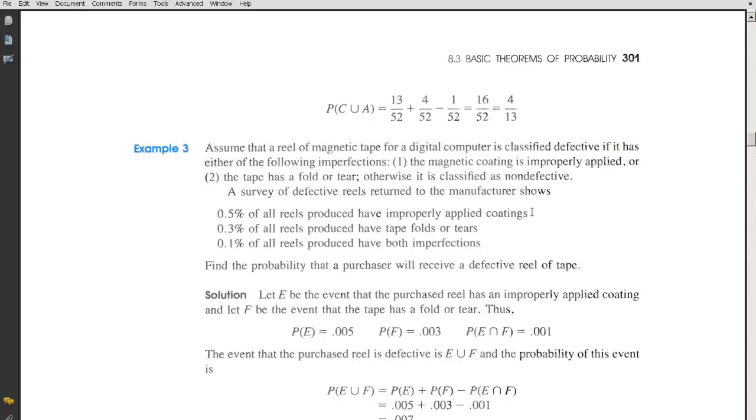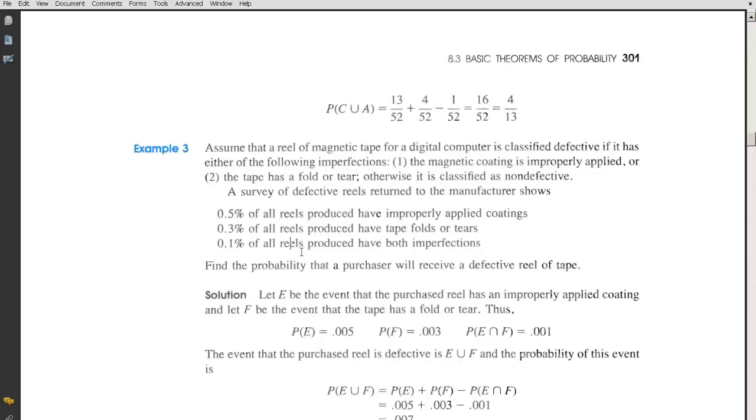So there's a 0.5% chance of one type of defective product, and 0.3% of all the reels have tape folds or tears, so that's a second type, and 1% have both imperfections. Okay, so what they mean is they just have this one, or they just have this one, or they have both. Find the probability that a purchaser will receive a defective item.